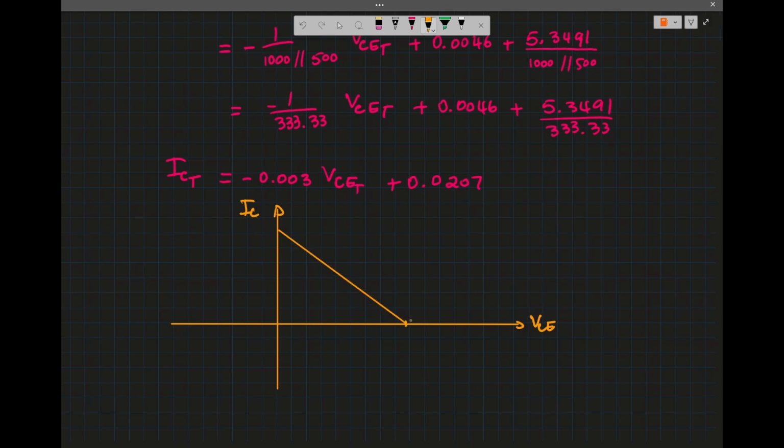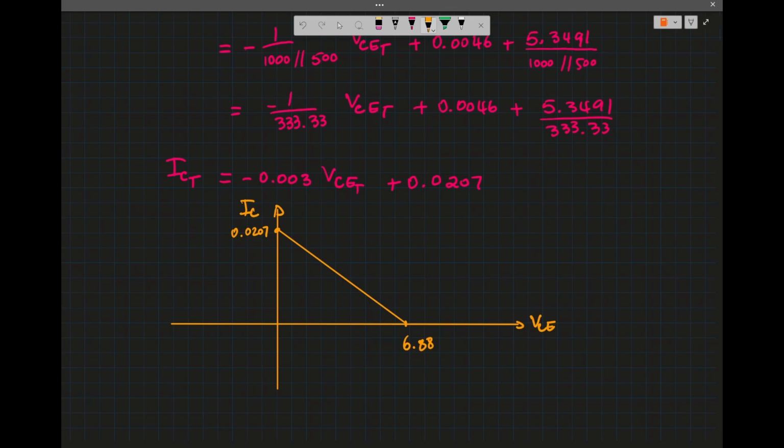This is 6.88, and the current there is 0.0207.